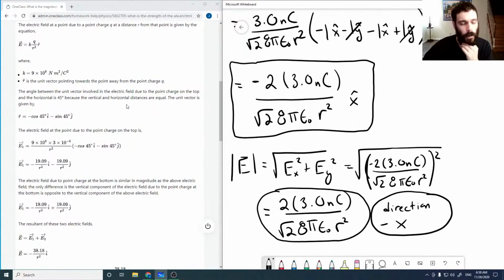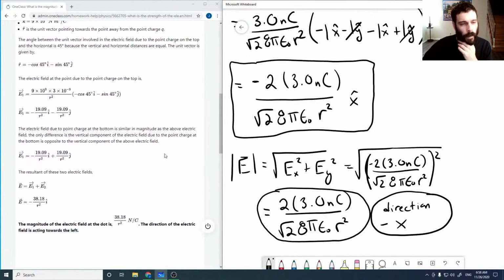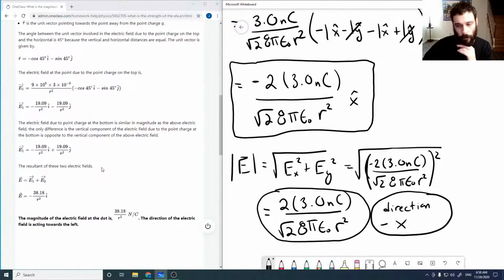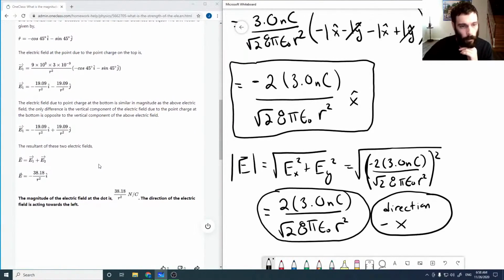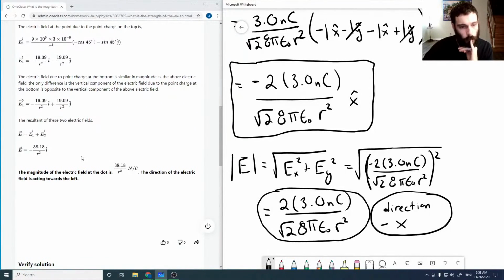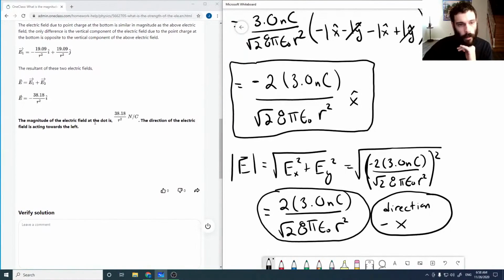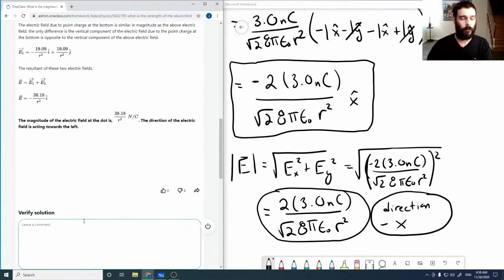Again, that doesn't really matter. And they pulled all the numbers together, but I presume it must come out to be the same. And so the magnitude is of 1 over r squared, and the direction is to minus x, or towards the left. So barring any calculator errors, I would say the solution is correct.